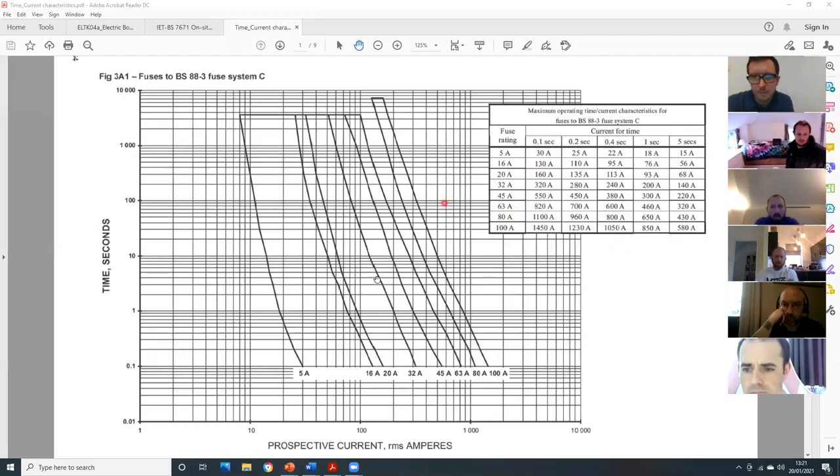And finally, before we move on to another graph, for that same fuse, what's the minimum current that will actually make it operate at all? Sean, if you want to have a go at that one, what's the minimum current that would cause that 16 amp fuse to operate? It's a bit debatable, but do you want to have a go, Sean?